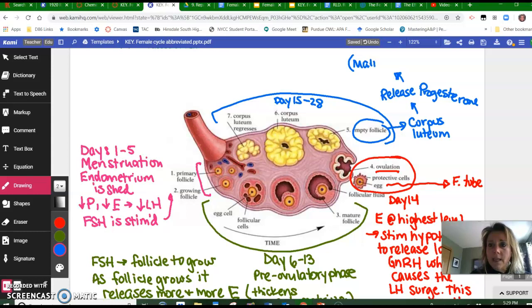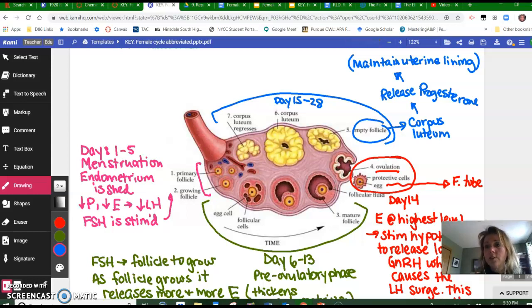It's going to maintain the uterine lining. And remember that the whole point of that is to prepare the uterus to support a possible pregnancy. So if this egg gets fertilized in the fallopian tube, then the whole point of this is to ensure that the zygote has a place to implant and has nutrients in order to grow and develop, and that's what this progesterone is going to do.